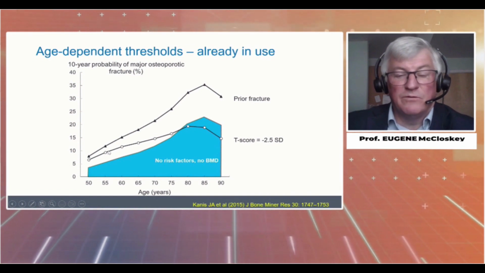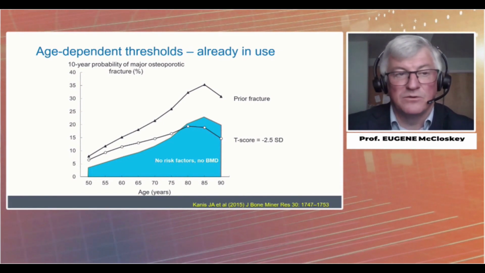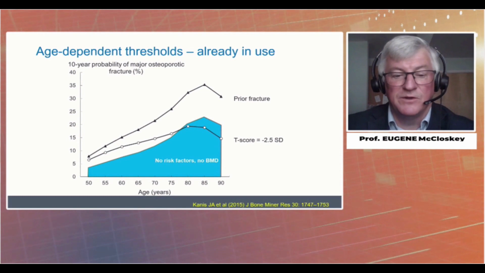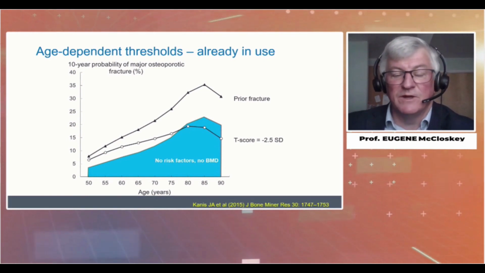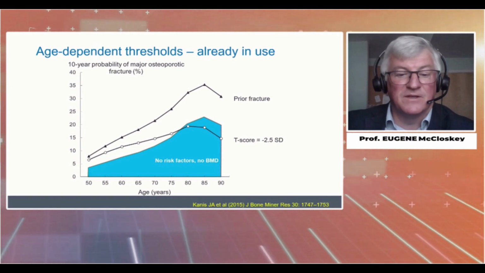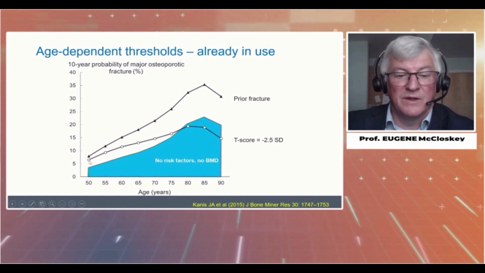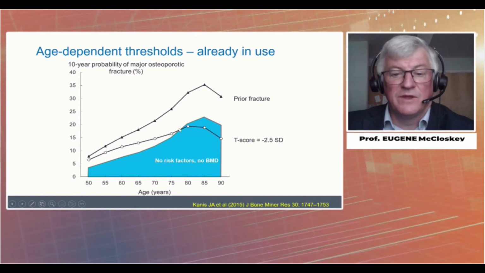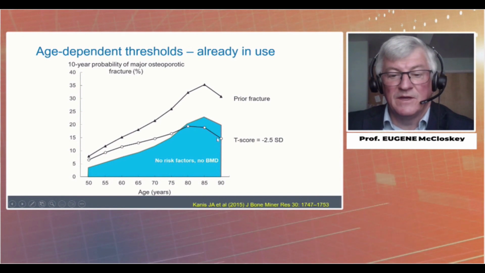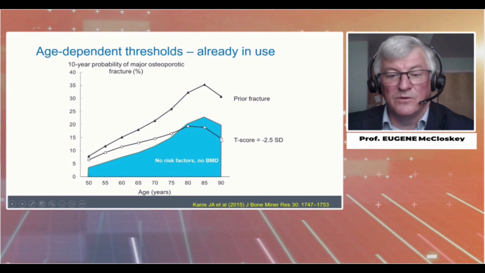For those of us who have used bone mineral density as a threshold or as a gateway to treatment, of course behind that bone mineral density T-score of -2.5 there is a fracture risk, and we know that that fracture risk is lower at lower ages, it increases with age, and the probability decreases as we get to older ages.